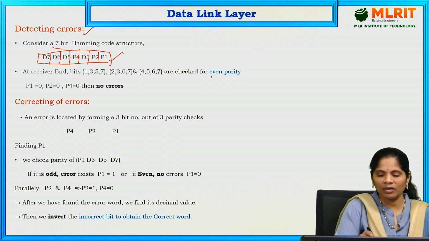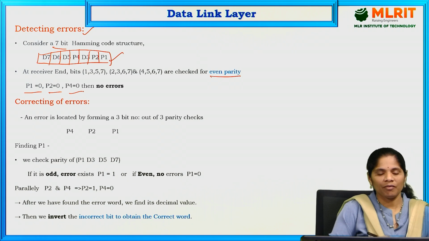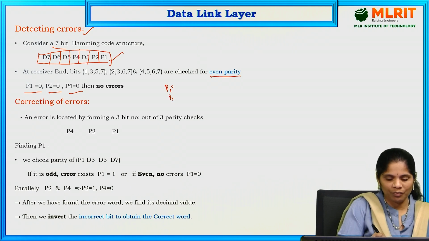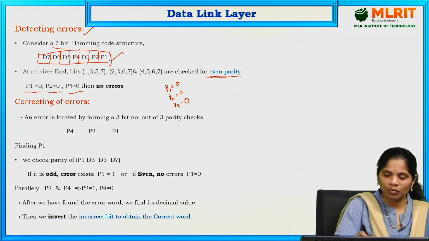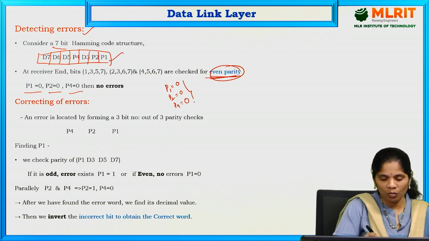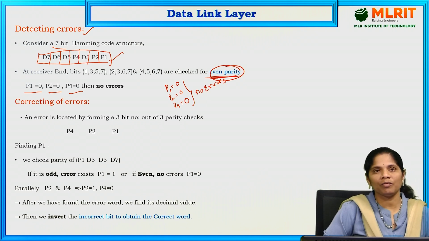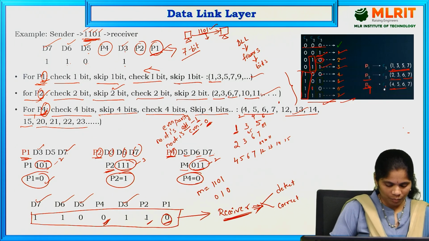Already we know how to find the even parity. After finding P1, P2, P4, if we go for even parity and all of P1, P2, P4 come out as 0, then only there is no error. In the previous case, suppose P1 is 0, P2 is 1, P4 is 0.